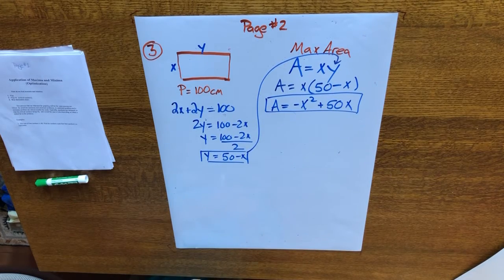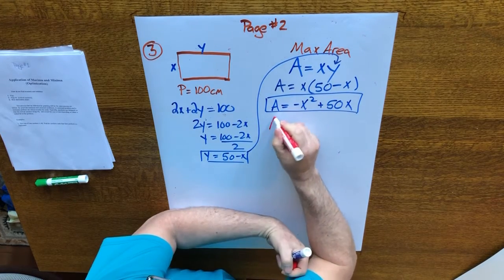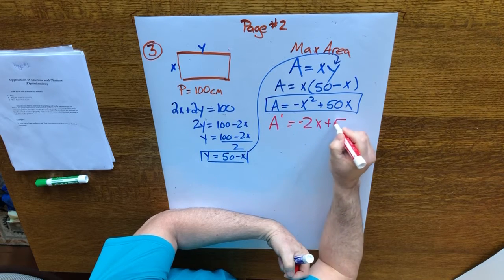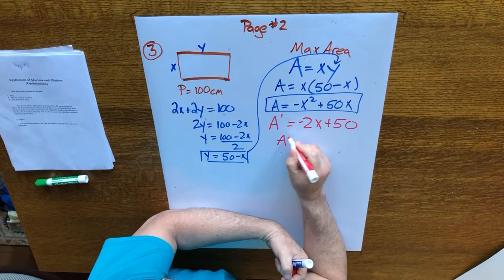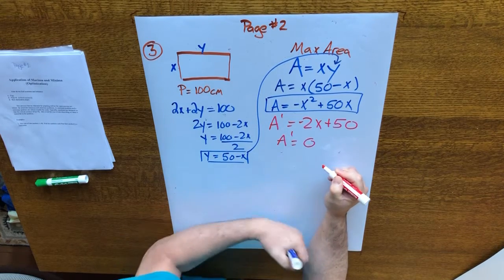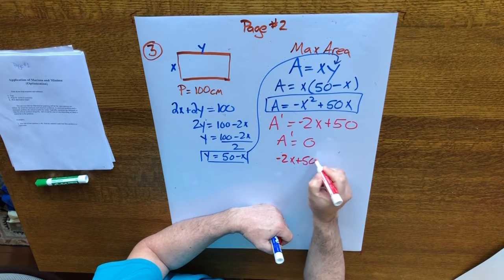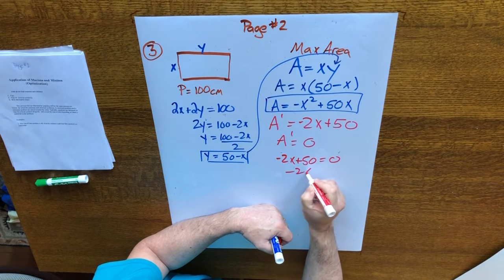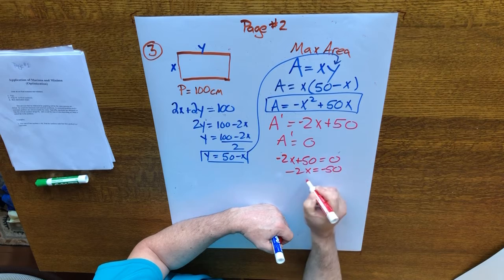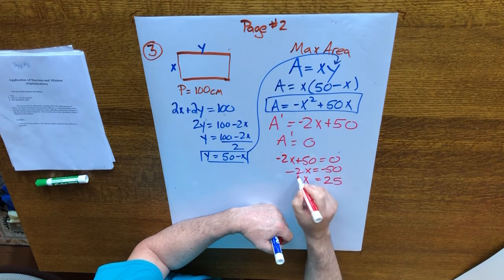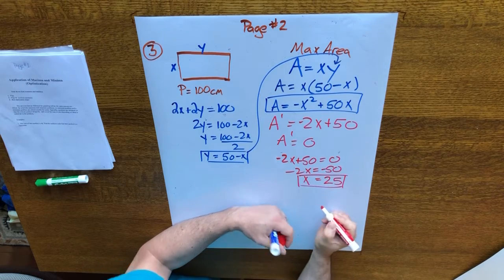Your next step is to take the derivative of it, A prime equals minus 2x plus 50, and then set A prime equal to 0. So A prime equals 0 when minus 2x plus 50 equals 0. Transpose the 50, divide by negative 2, and you get x equals 25.